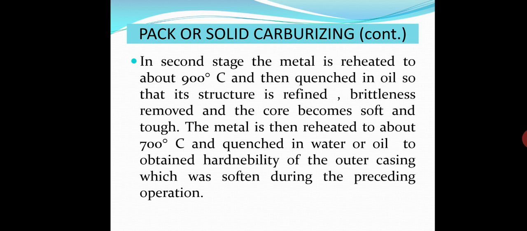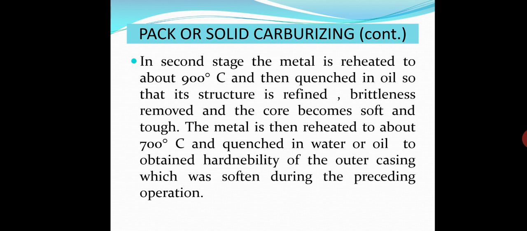In the second stage, the metal is reheated to about 900 degrees centigrade. So, first it is heated and cooled very slowly inside the box. But in the second stage, after it has cooled inside the box, it is again heated to a temperature of 900 degrees centigrade.